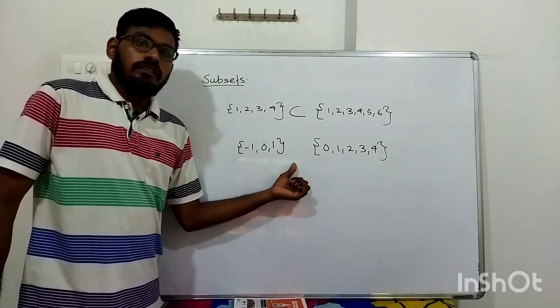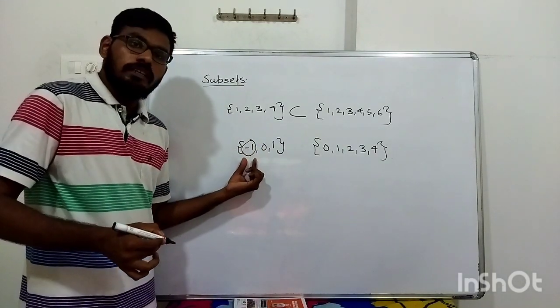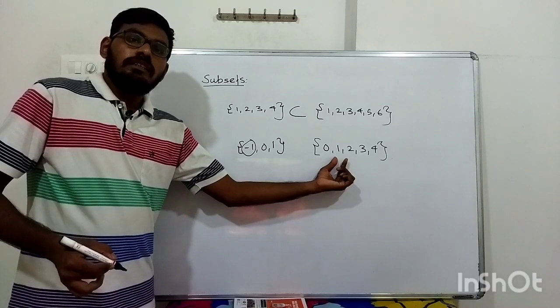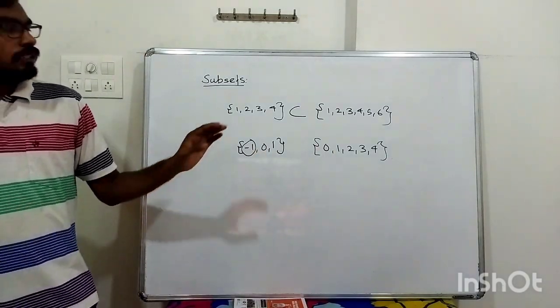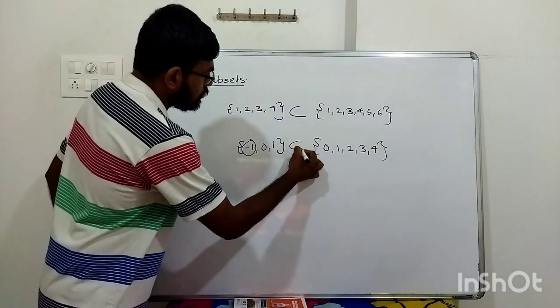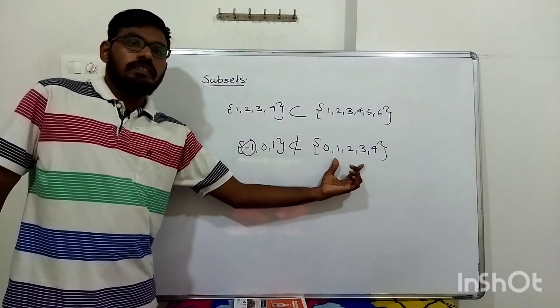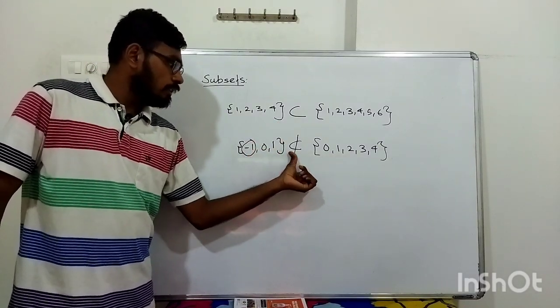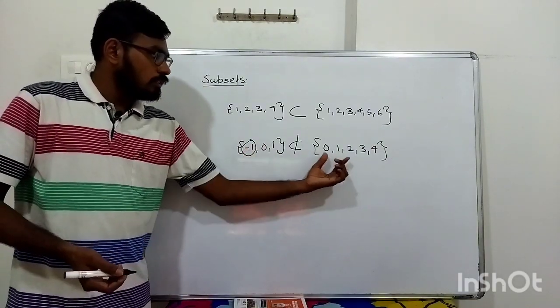So even if one element doesn't belong to this set, then we can't say that this is a subset of this. We say that this is not a subset of this, and symbolically we write it like this: not a subset. Whenever a set is not a subset of another set, symbolically we write it like this. Understood? This means this is not a subset of.